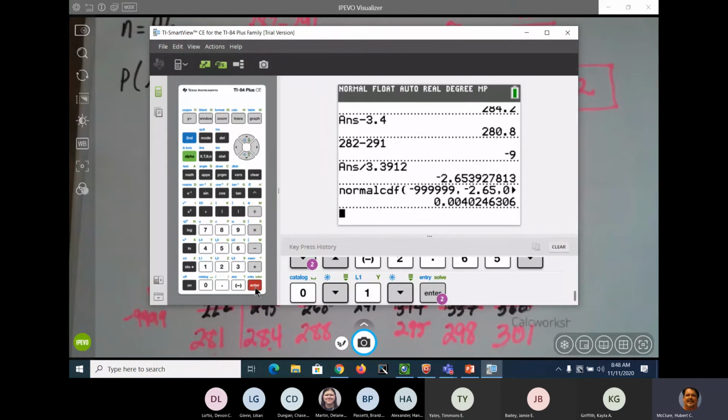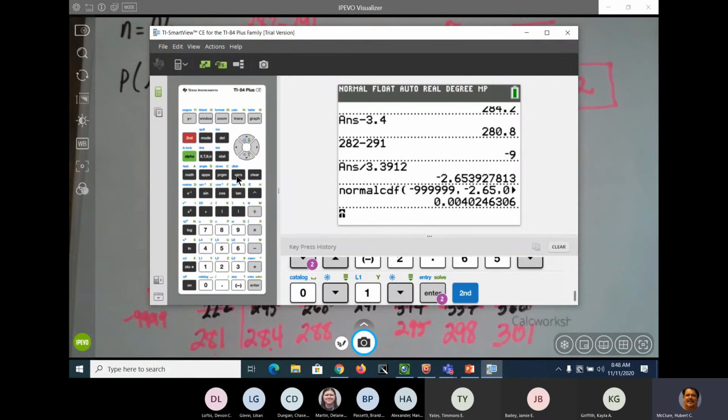And enter. They got less than I did. I said 0.0115. They got 0.0040. So old calculator, 0.0040.